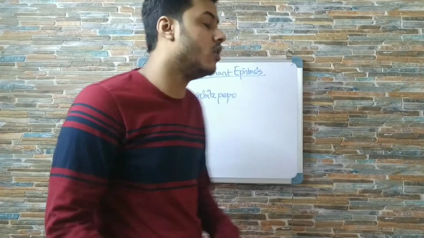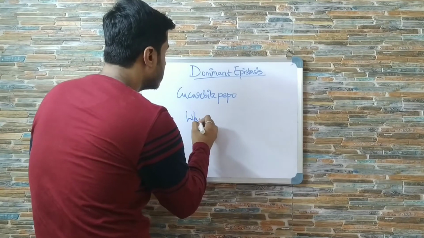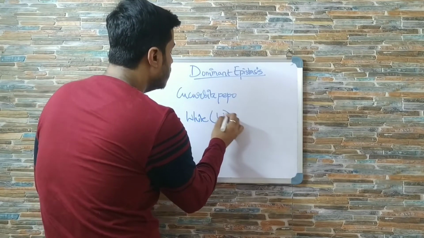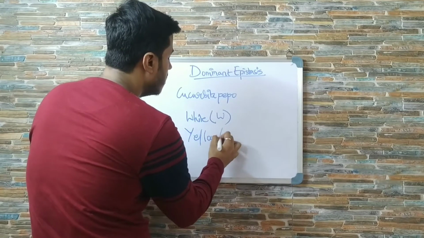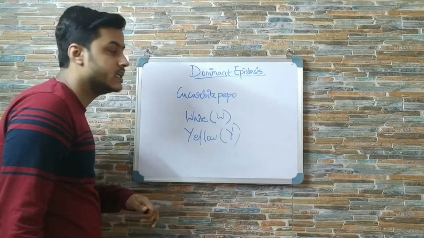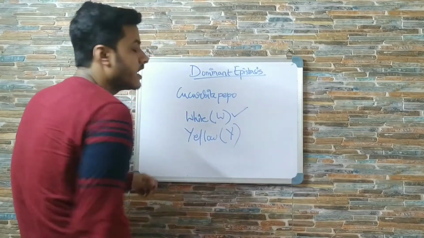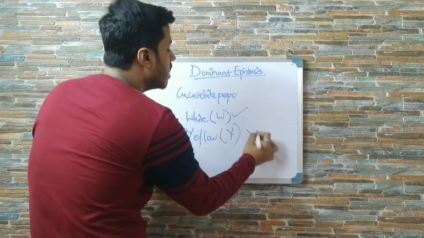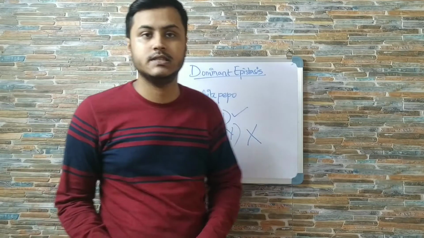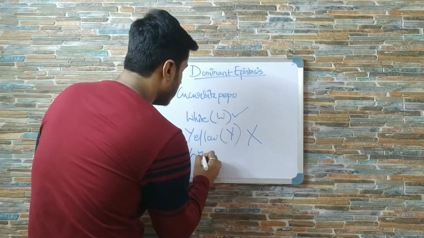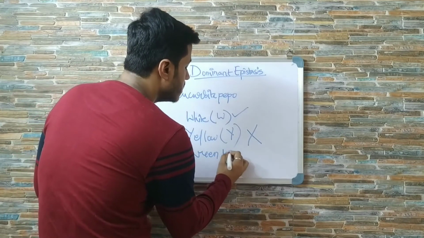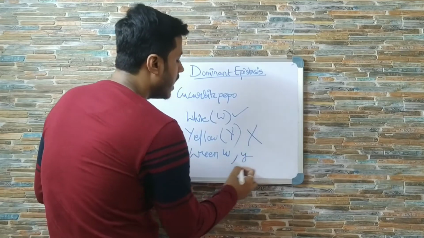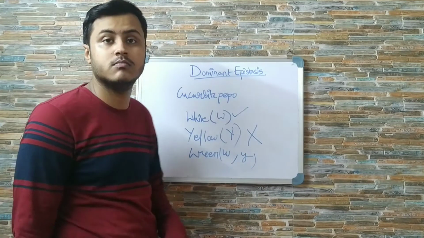Now, the gene for white color, capital W, masks the effect of yellow color, that is capital Y. That is, in presence of capital W, yellow color is not represented, whereas green is only represented when both W and Y are in recessive form.